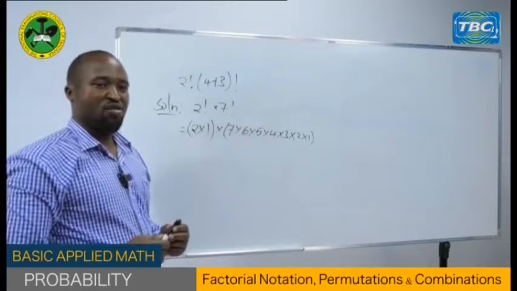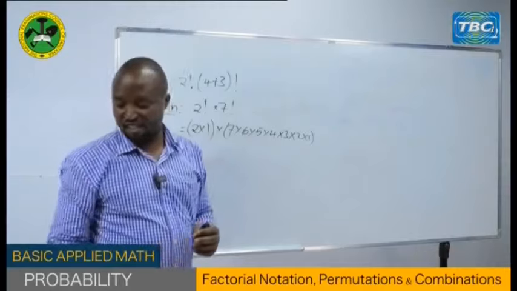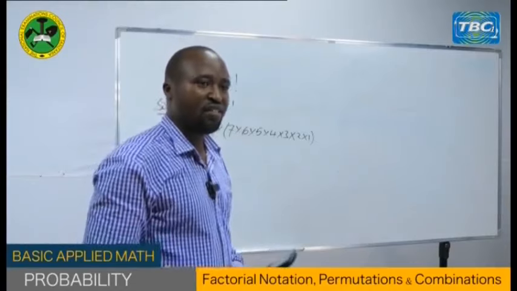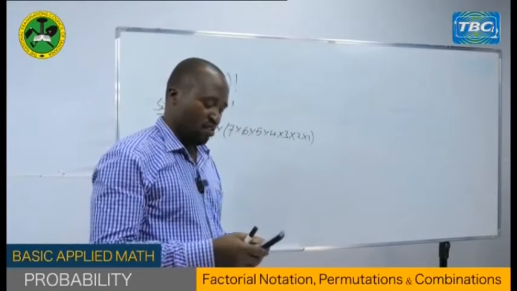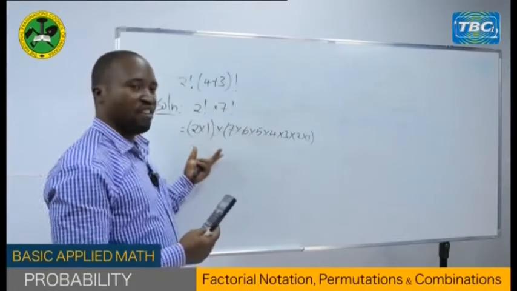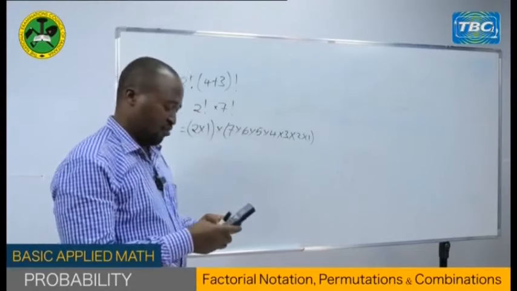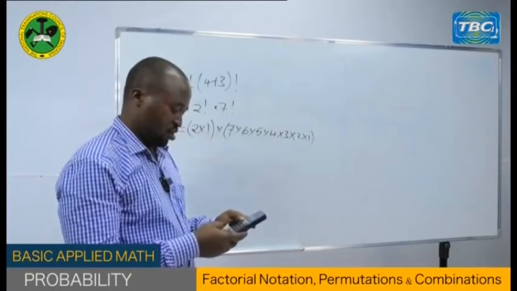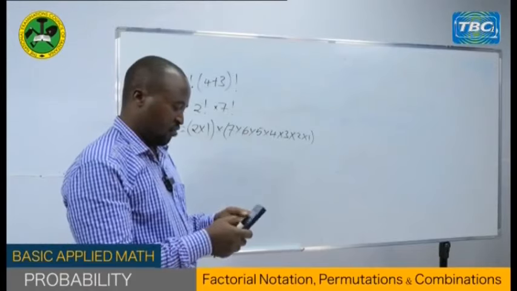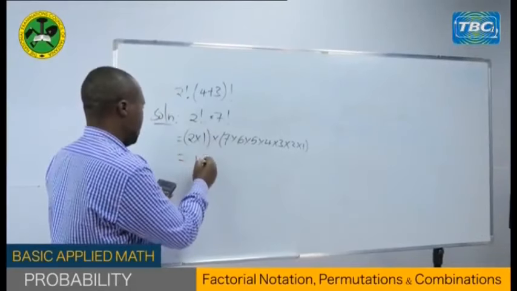Now you can use your scientific calculator again to find the answer. My dear student, I think all of you have the scientific calculator. It is so simple to use. You can plug in what we have, going direct to the question, or use the last expression we have: 2 factorial times 7 factorial.